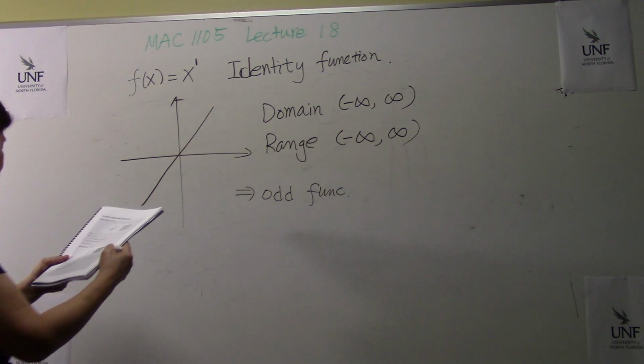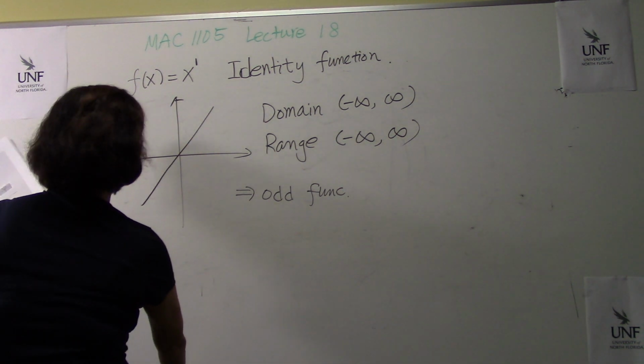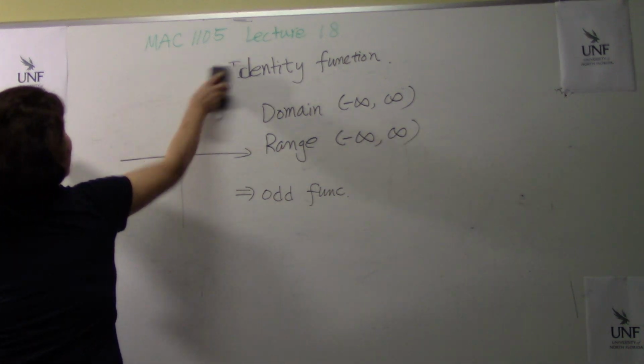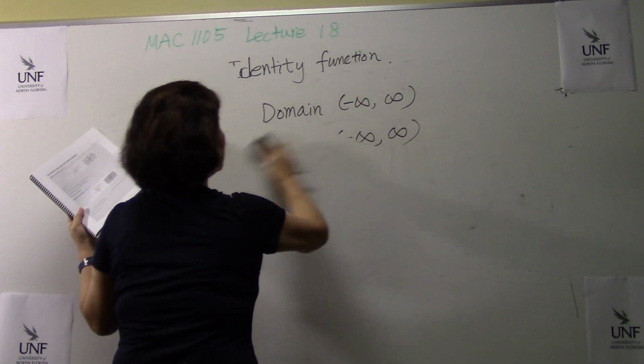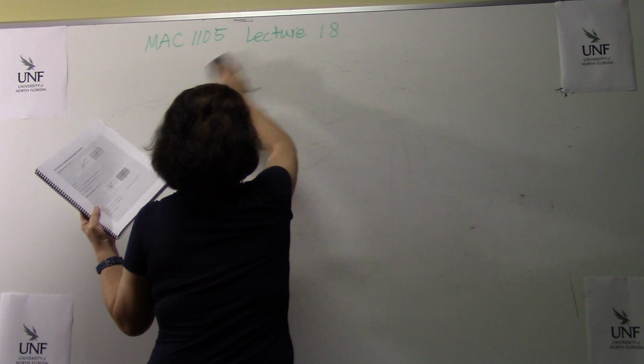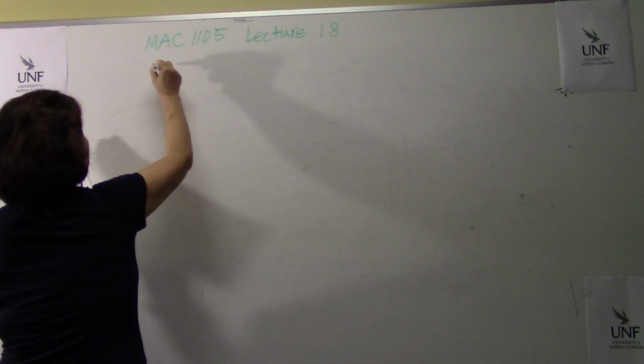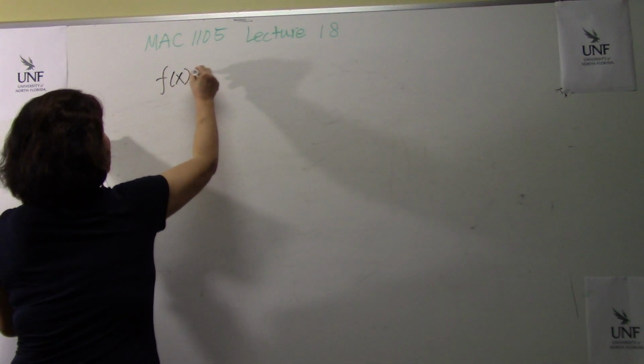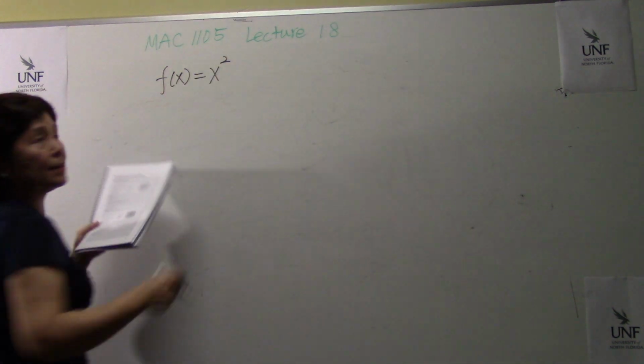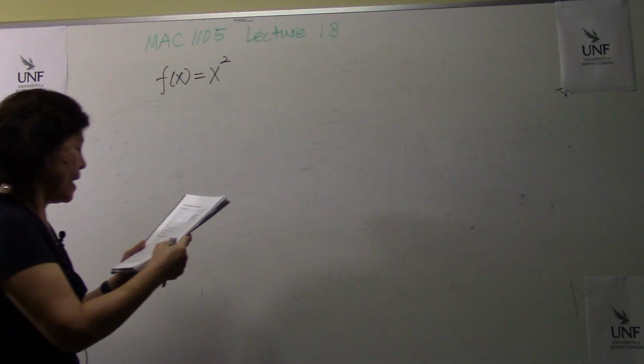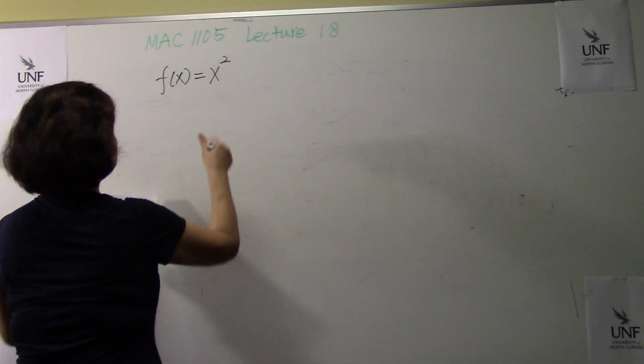Okay. Next one is the squaring function. f of x equals x, that is too simple. So this time, you have f of x equals x squared.